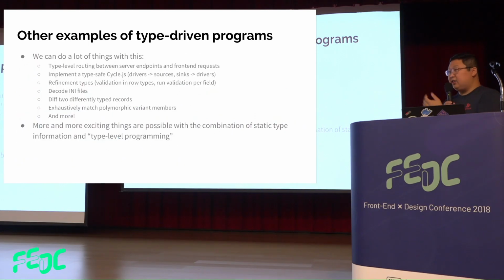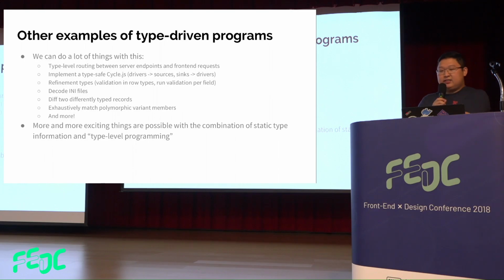There are some other things like decoding INI files. If you just have key value pairs inside of sections, you can do that. You can diff differently typed rows. You can exhaustively patch polymorphic variant records, and a lot of other stuff. Polymorphic variants here mean that if you have the row type information for creating a record, and you flip that around and make the code produce the sum type, then you can say that for each label there is a value that exists that has that type.